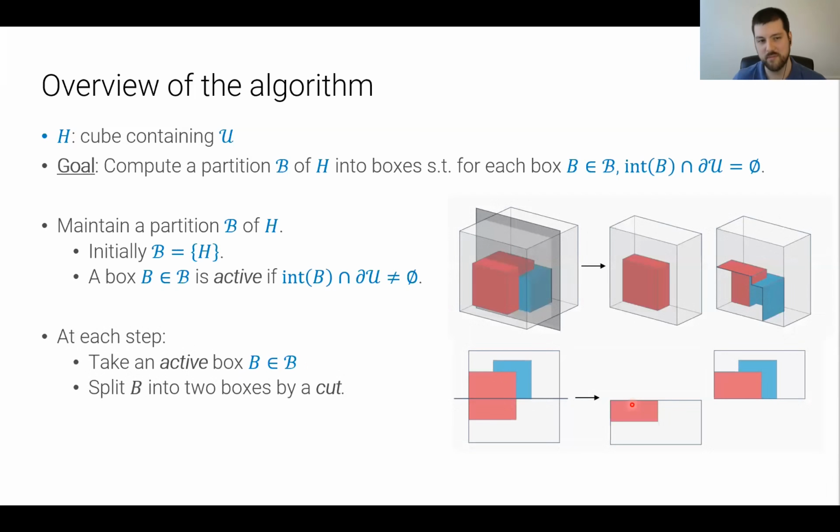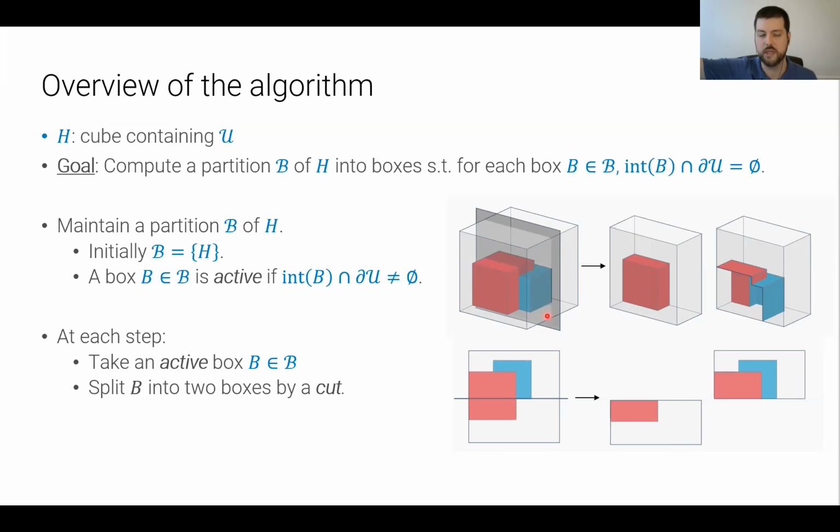Every step of our algorithm at a very high level is to take some active box in our partition, and we'll split that box into 2 by some cut. An illustration of the cut can be seen here in gray. So what is this figure? We have an instance where the union is composed of simply 1 red cube and 1 blue cube. And the cut is referring to the rectangle specifically in the interior of the box.